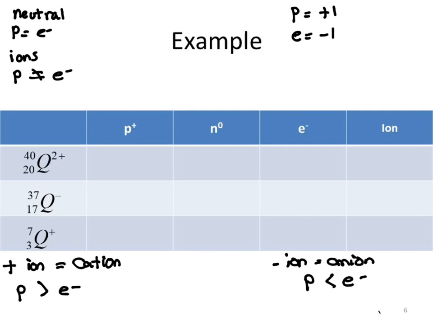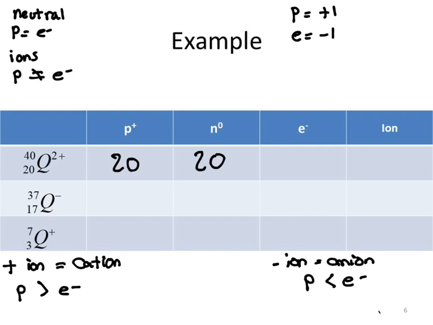Okay, so for our first one here, I've got this Q with a +2. My atomic number is 20, so I have 20 protons. My mass number is 40, so 40 minus 20 gives me 20 neutrons. And now my electrons. I have a positive charge of 2, which means that I need 2 more protons than electrons.